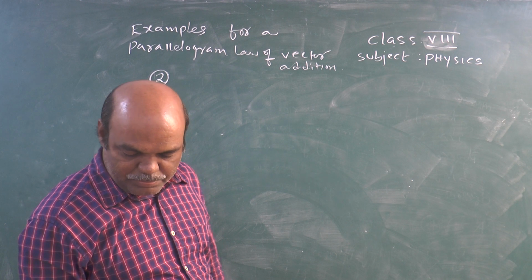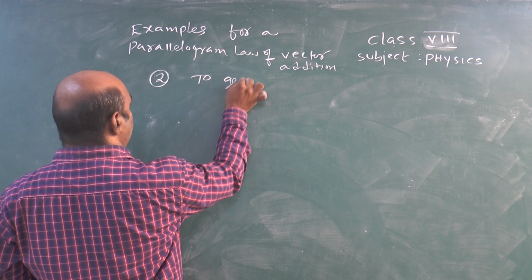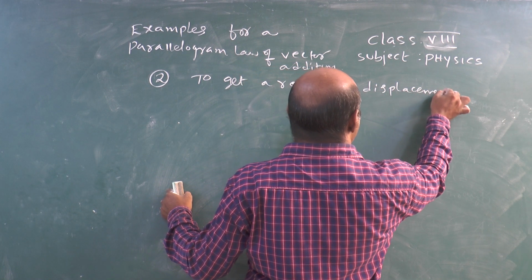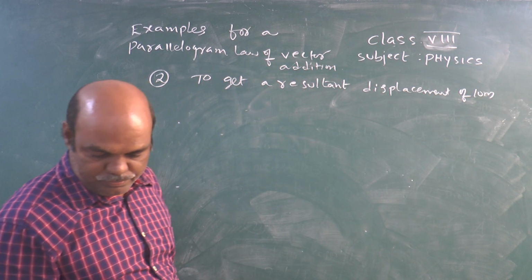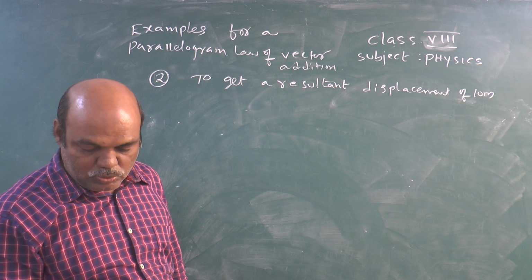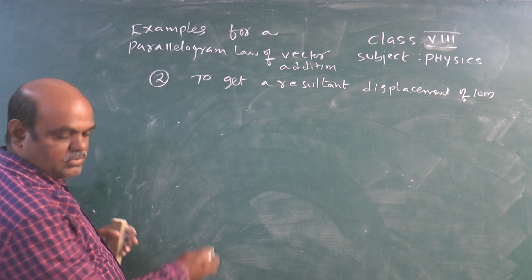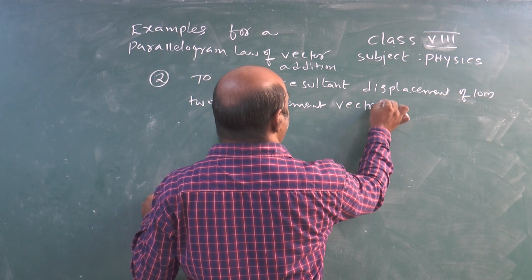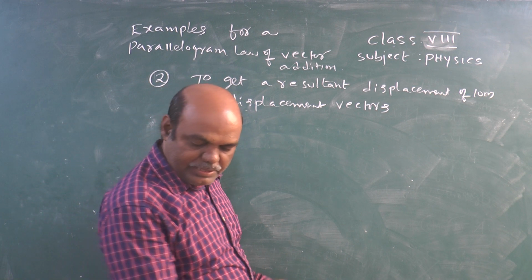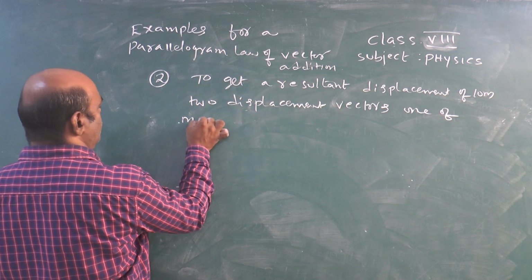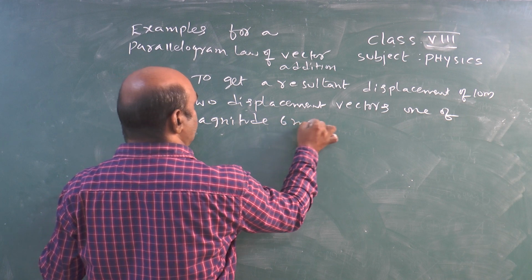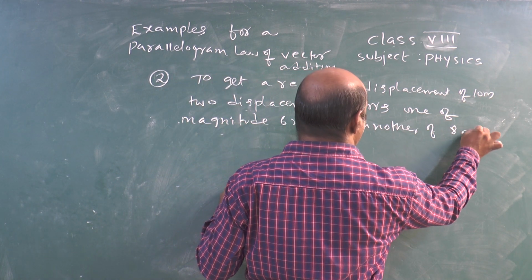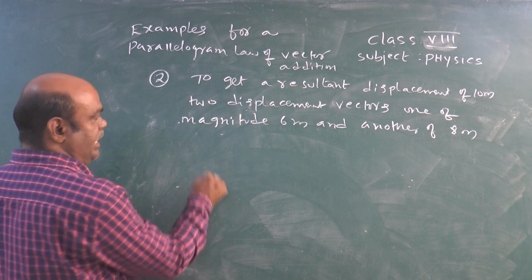To get a resultant displacement of 10 meter, two displacement vectors, one of magnitude 6 meter and another of 8 meter, should be combined.